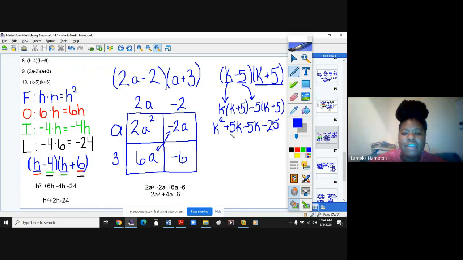I have my like terms in the middle, but 5 minus 5 is 0. So sometimes your like terms will cancel each other out. Okay. Now let me caution you by saying this. Please do not put this, and because I've seen it, and I'm not shaming anybody, but I've been doing this a very long time, and I've seen people do this. They'll say k squared plus 0k equals minus 25.